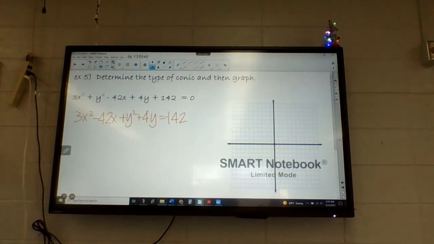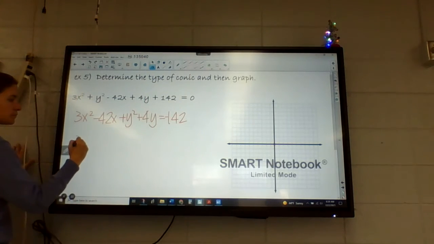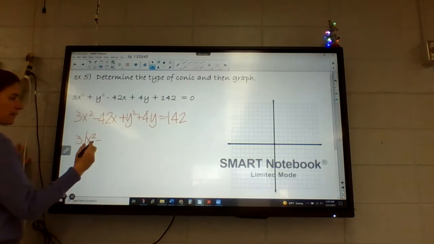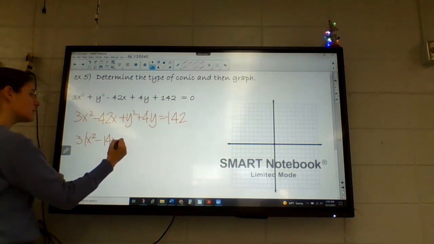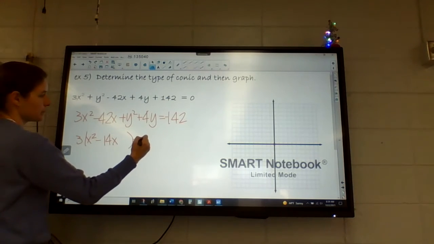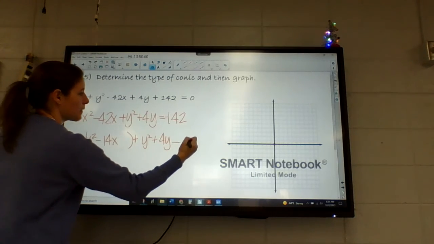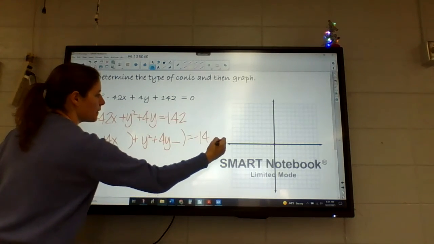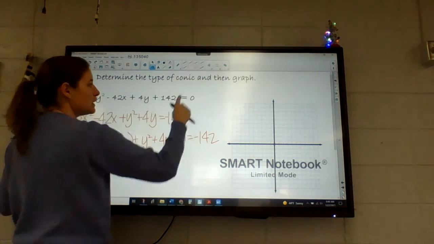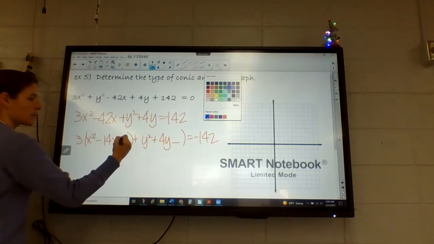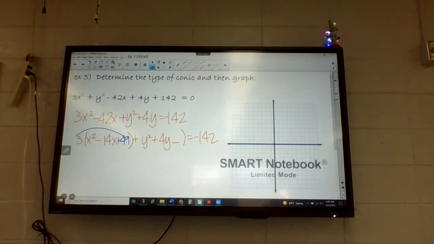So I moved that 142 over, so that became negative. Organized some things here. Is that 14x? So in here, we're going to put 49. That has to get multiplied by 3.